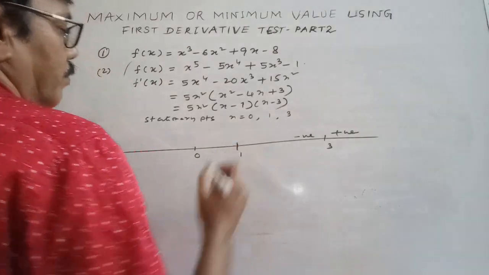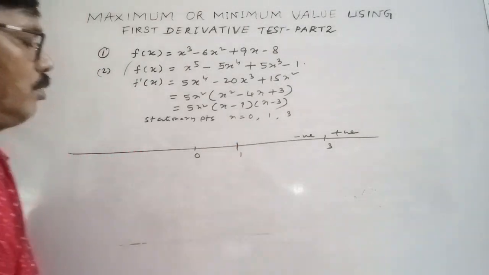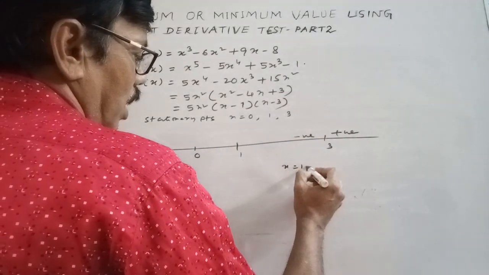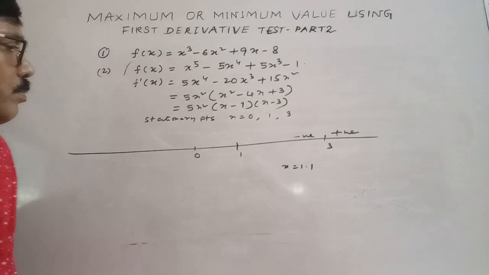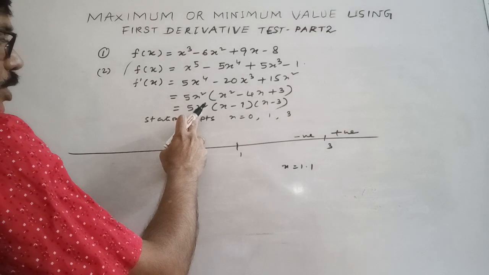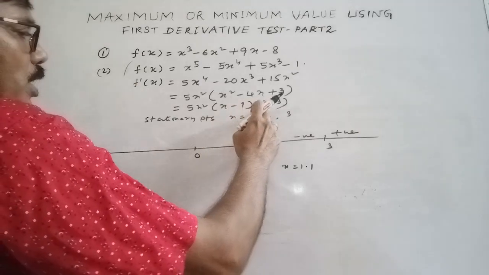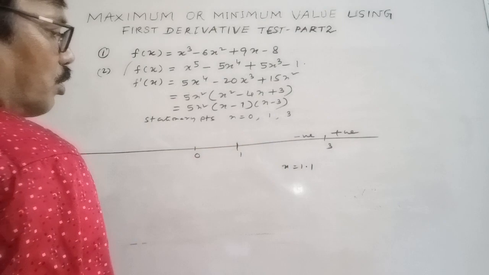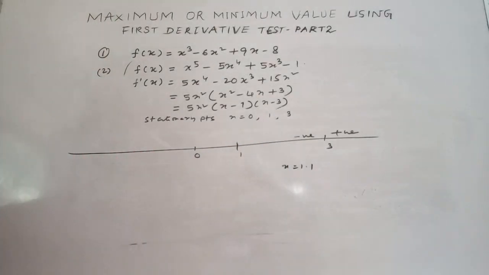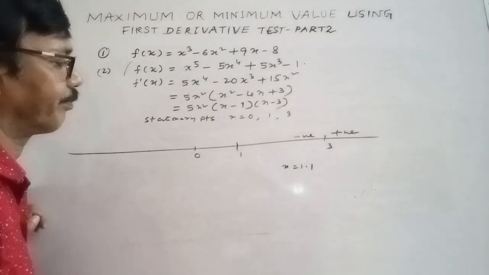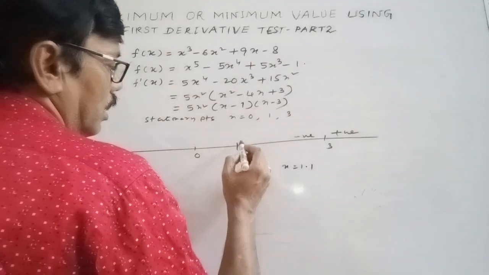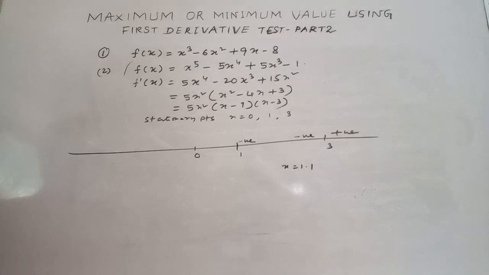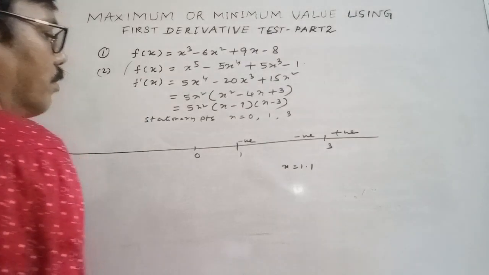For greater than 1 by a very small amount, suppose x equals 1.1, the factors are positive, positive, and negative, so the total is negative.